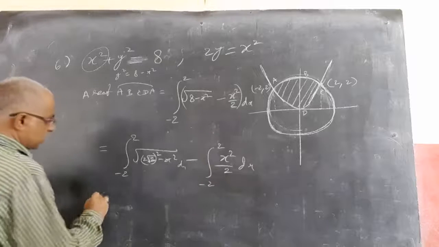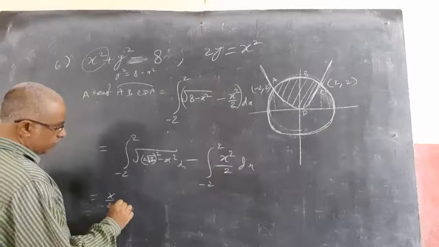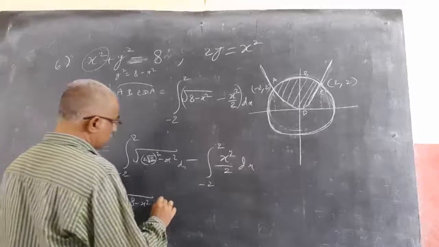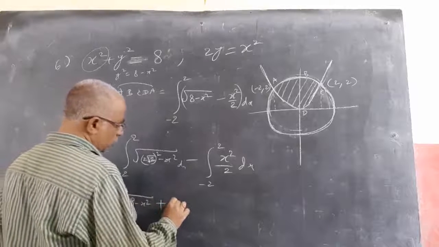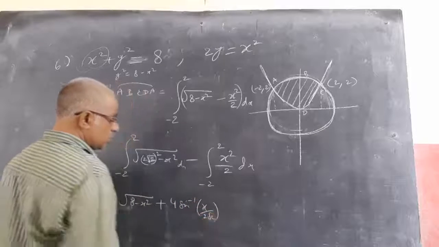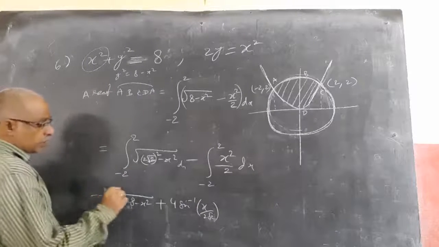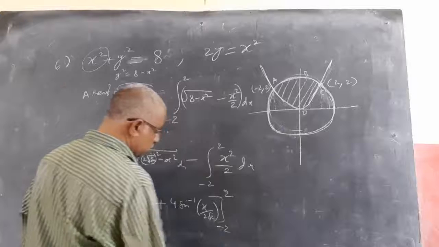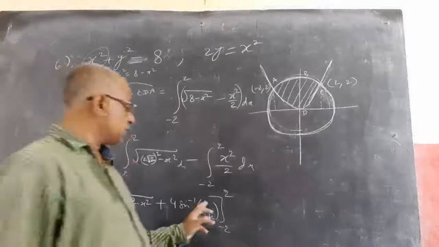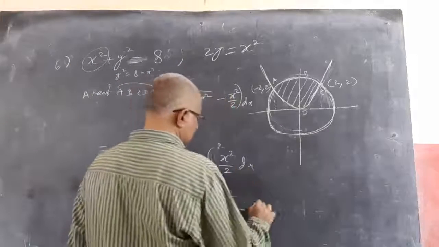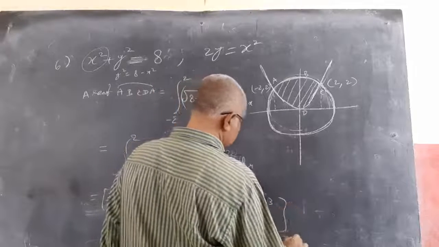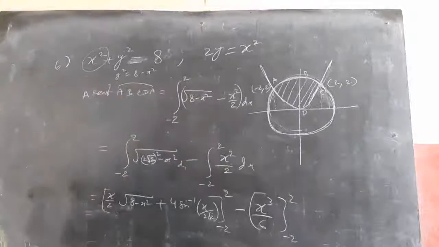It is x by 2 into root of a square minus x square, that is 8 minus x square, plus a square by 2, that is 8 by 2, 4, into sine inverse x by a, sine inverse x by 2, minus x cube by 3 into 6, between the limits minus 2 to plus 2.